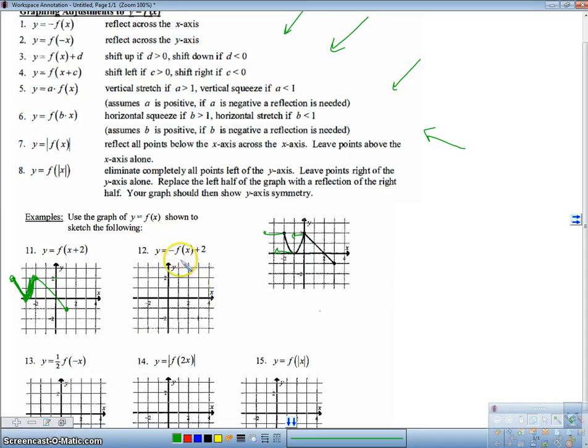Now this negative here reflects it about the x-axis, and we're also going to add 2 to it. So I'm going to do a little work here. Let's go ahead and reflect it around the x-axis. So that's 1, 2, that's 1 right there. Alright, so it looks like this. And then I'm going to add 2, so I'm going to go up 2 units on everything.